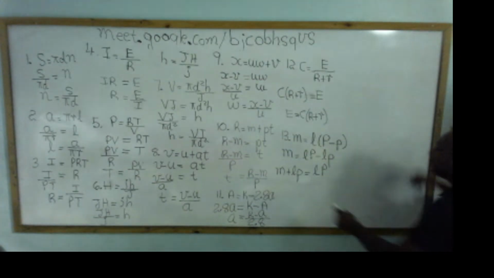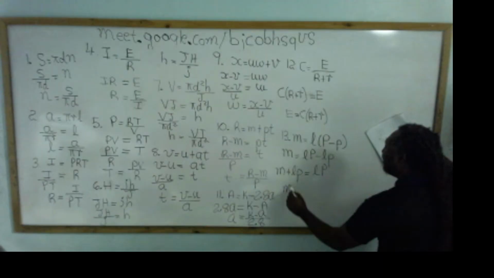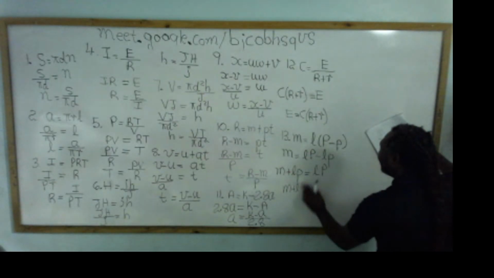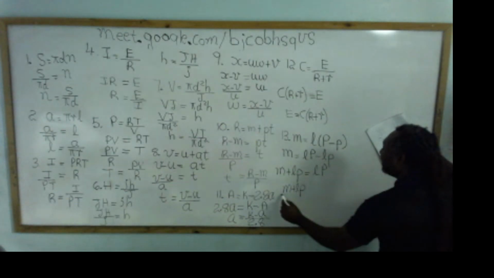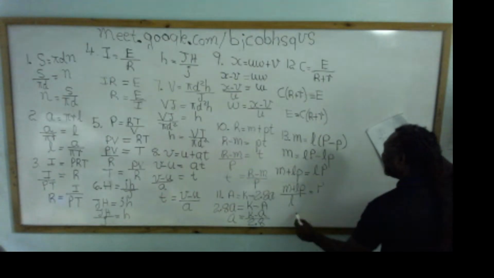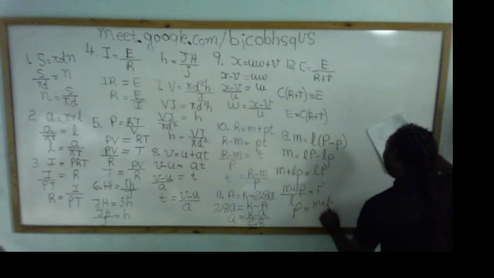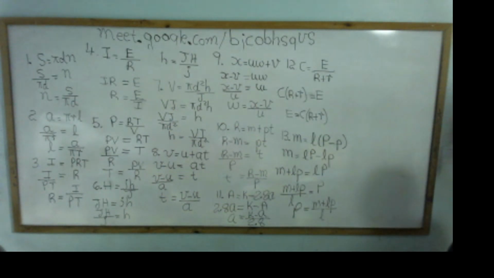So M plus Lp, which is common p, eliminate this L that we are multiplying by dividing by L, and that is equal to P. So P is equal to M plus Lp over L. And that's all there is to it for number 13.